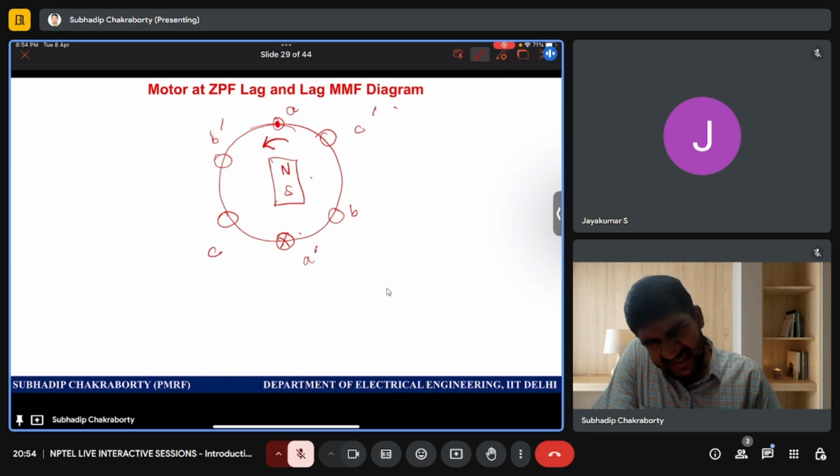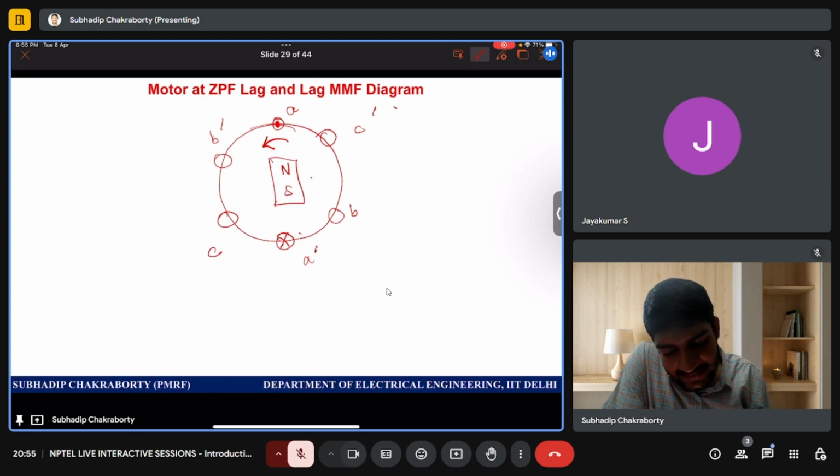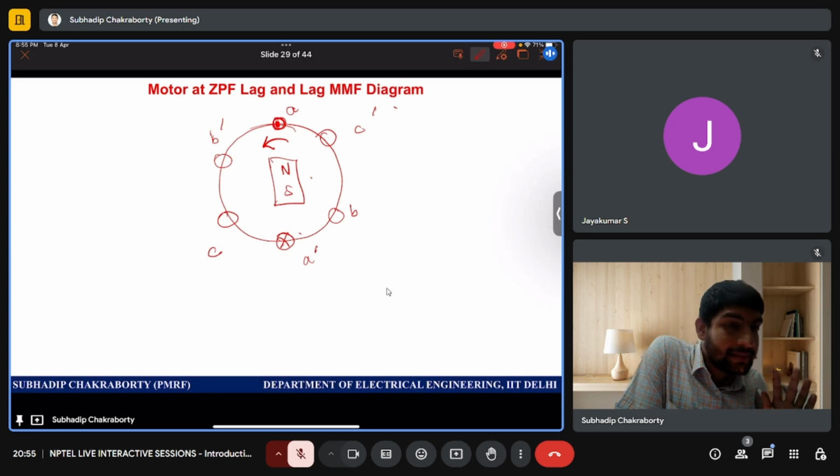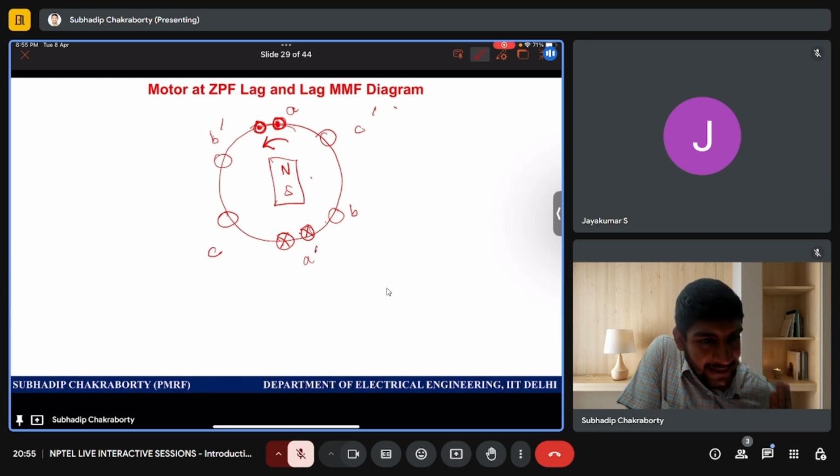So the voltage is maximum here, but the current maximum has already passed. That is, this coil has already received the current maximum. That is what leading means. And now which coil is at maximum? The future coil is already at maximum. This is what leading means. Some leading coils are already at maximum.